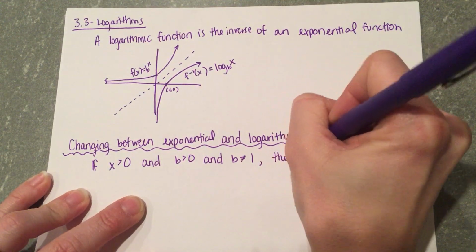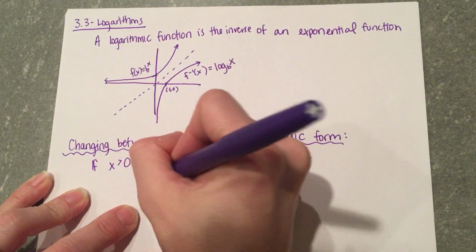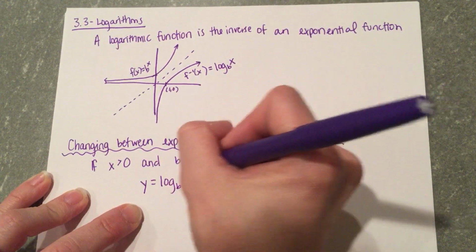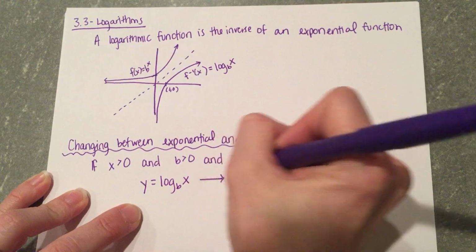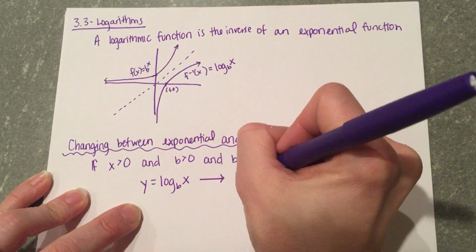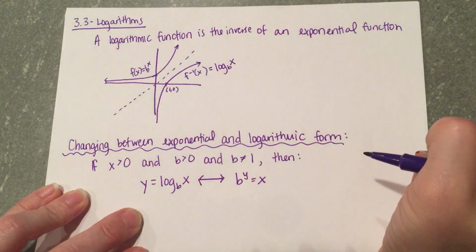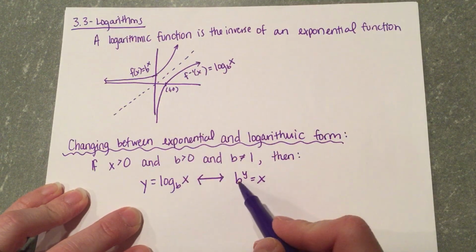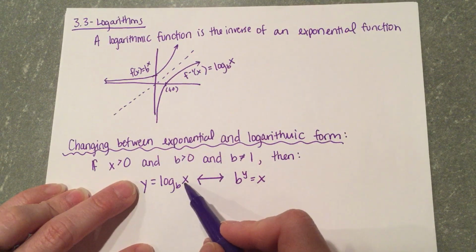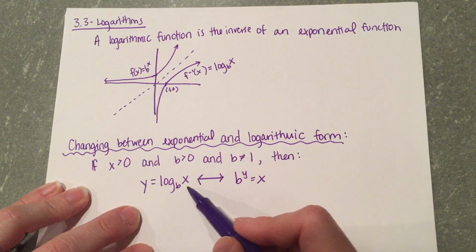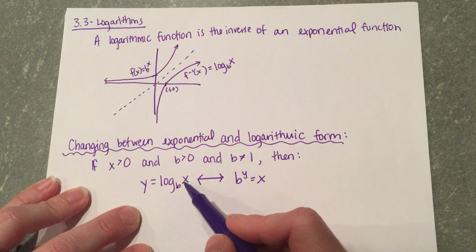Then, if you have y equals log base b of x, you can rewrite that as b to the y equals x, and it can go either way. So notice the base is always the base, and then basically the x and the y trade places. So when we write this in exponential form, it becomes b to the y equals x.